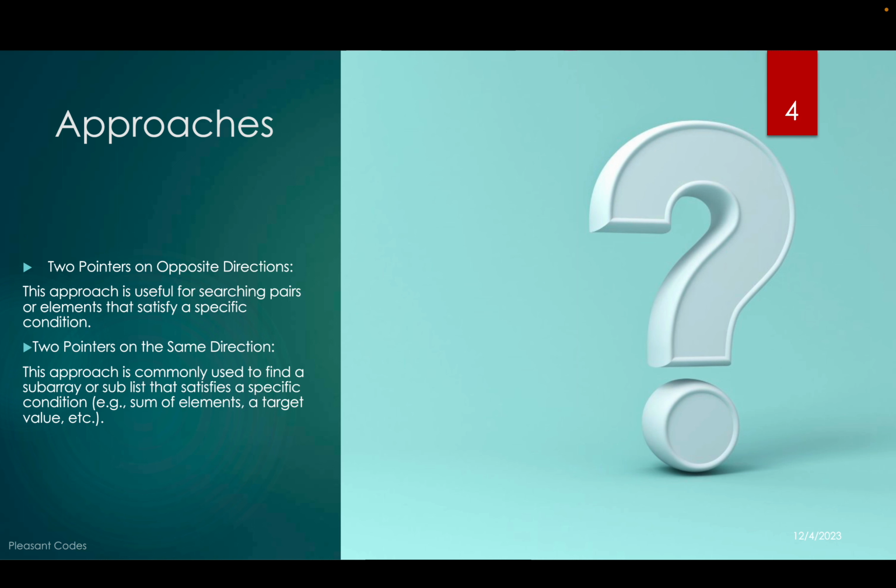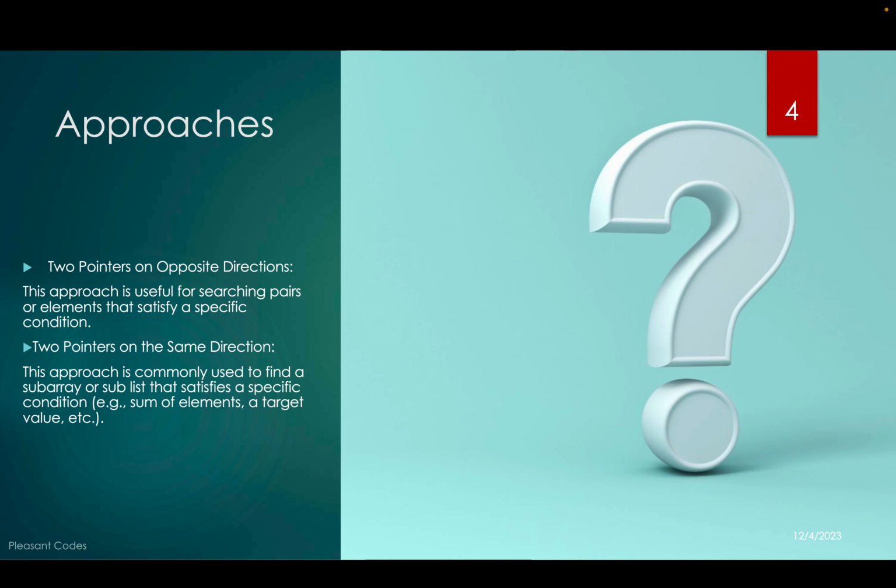That's where we need to move those two pointers in the same direction. Or another one is, let's say you have a linked list, and you need to find if the linked list has a cycle, if there is a loop in the linked list. So there is this approach, and we will look into those problems in detail later on.